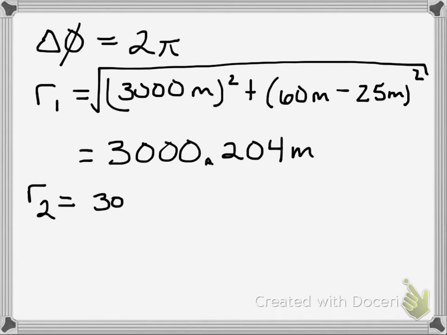That second distance has the same 3,000 meter horizontal distance. And that vertical distance now is going to be 60 meters plus 25 meters.